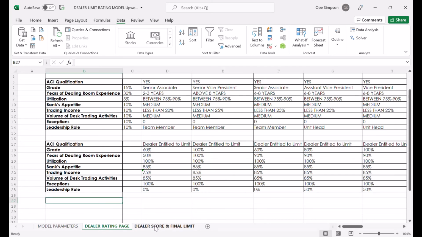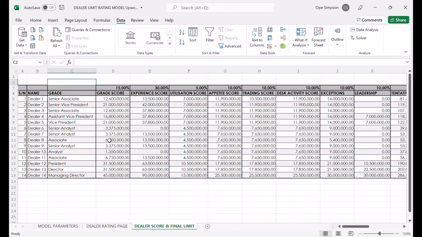Moving to the final limit allocation. For dealer 1, we see who is a senior associate. We see he gets 12.6 million based on his grade score, 13.5 million based on his experience score, 7 million based on his utilization score. His appetite score is $11.9 million. The trading score is 10.5 million.